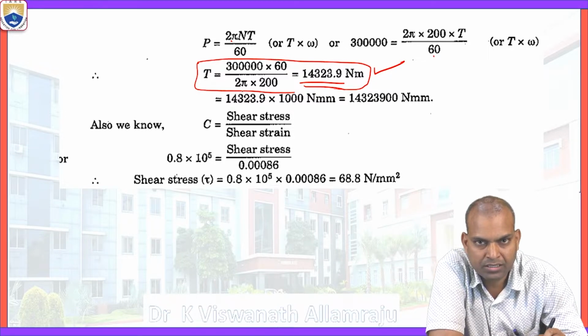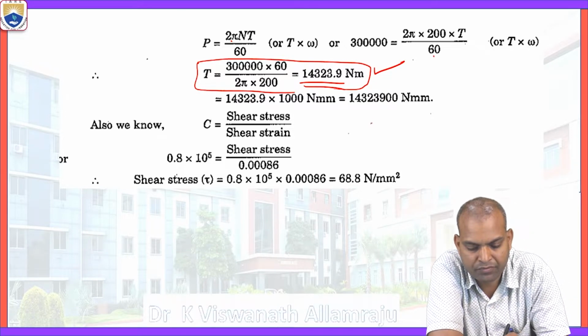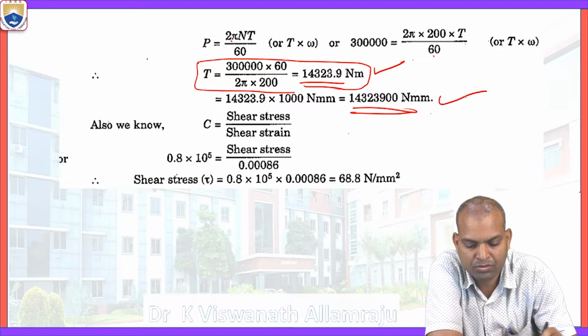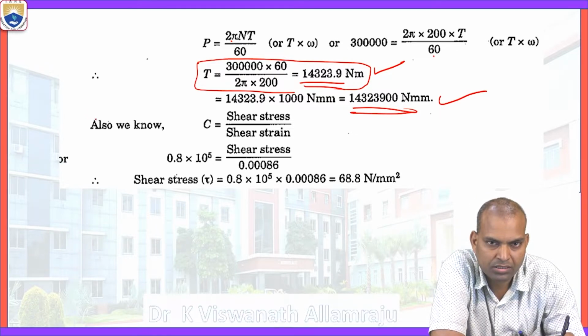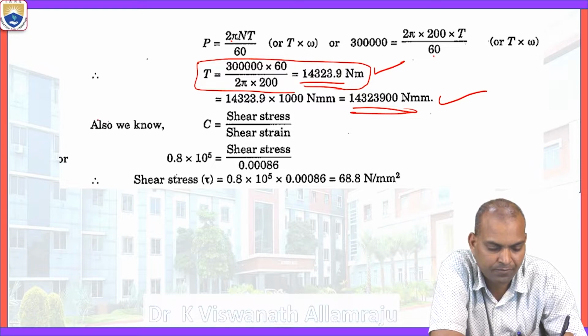That Newton meter is to be converted into Newton millimeters, that is 14,323,900 Newton millimeter. Now we also know C, the modulus of rigidity, equals shear stress by shear strain.